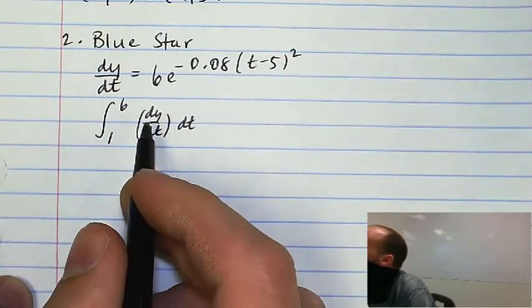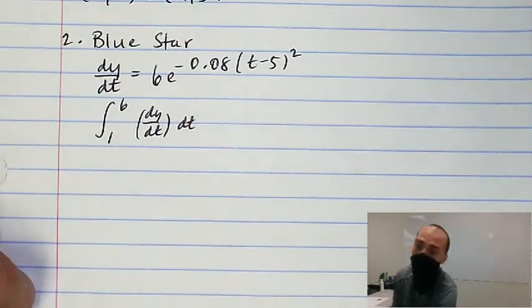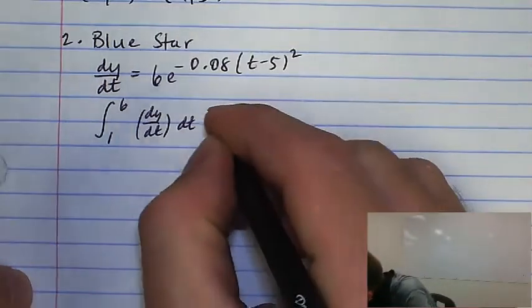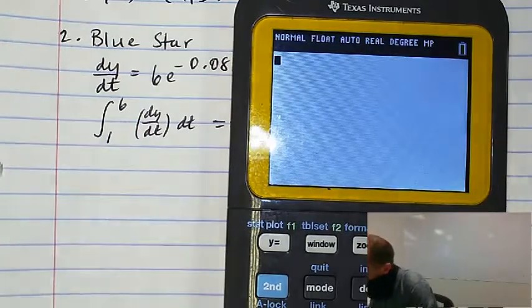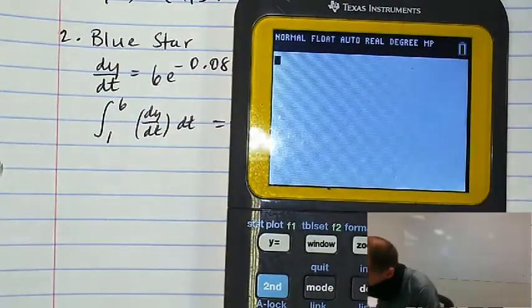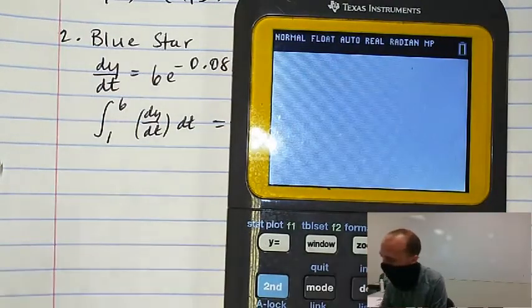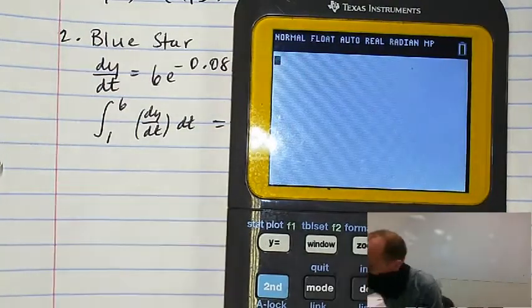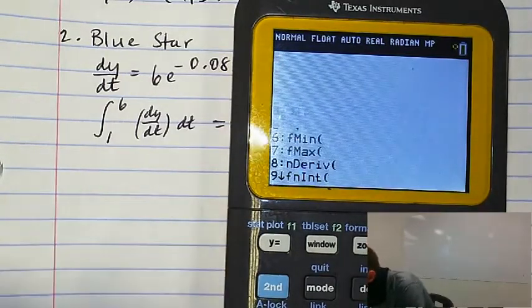Okay, you take the antiderivative of dy dt, that's going to be y of 6 minus y of 1. That's the difference in y as t runs from 1 to 6. So that's just what I'm going to do. I'm going to go over here. I'm going to use the calculator, fire it up, make sure I'm in the right mode. Somebody in my room has been changing the mode, right? I don't have any in-person classes this year that use degree mode. So what we're going to do is I'm going to say math 9.